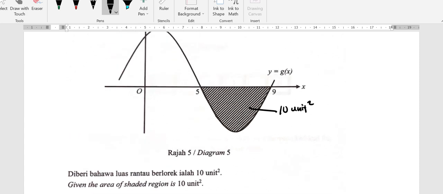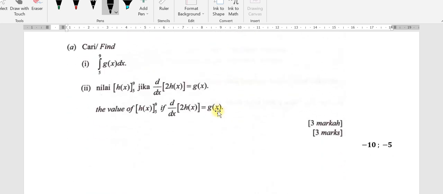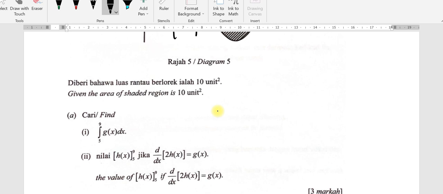Actually, when the region is below the x-axis, it should be getting negative 10 as the answer, correct or not? And then kita akan buat modulus, kita akan dapat 10 unit square lah. Okay, so itu yang dia tanya. Tak perlu kira apa-apa.